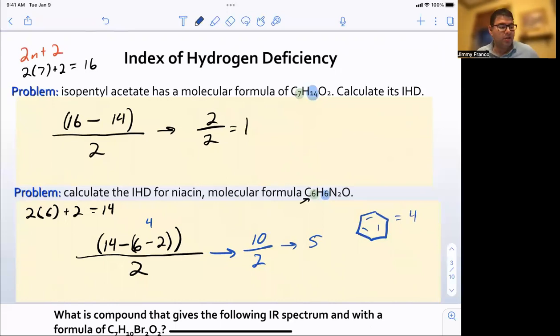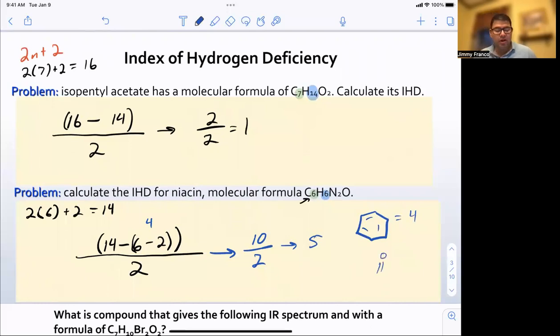And typically what this molecule looks like is it has an aromatic ring, and then it has another group outside of it. And so if you're thinking about the different groups, you want to think about, well, what would have another hydrogen deficiency? And so what this is going to actually look like is it's going to have a carbonyl in it as well.